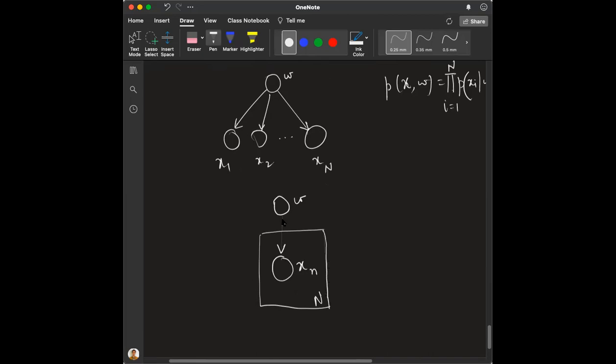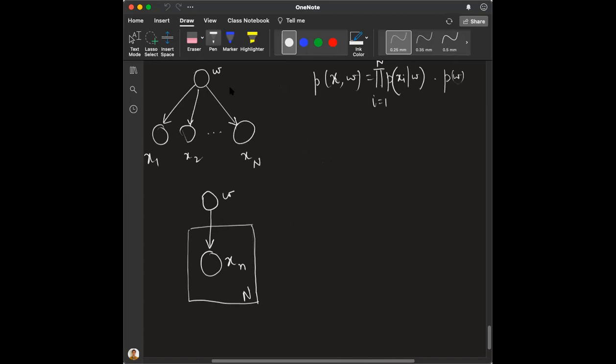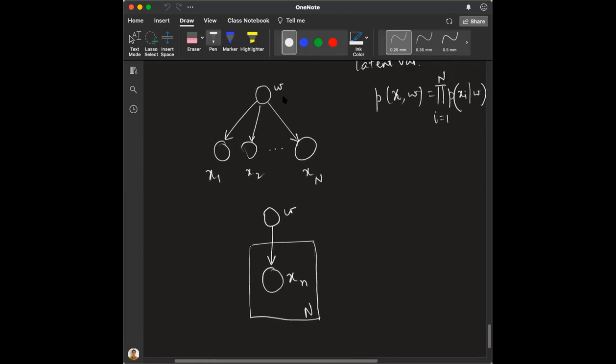So n varies from 1 to capital N, right? This plate representation is just telling that, instead of drawing this diagram, I have a shorthand notation for this as this diagram. So they are basically equal, means they are the same distribution, just a simplified way of representation. This is used in Bishop's book, PRML. So this notation is from Bishop.